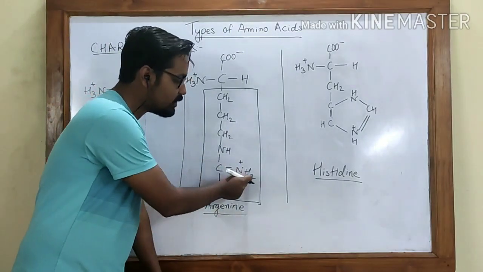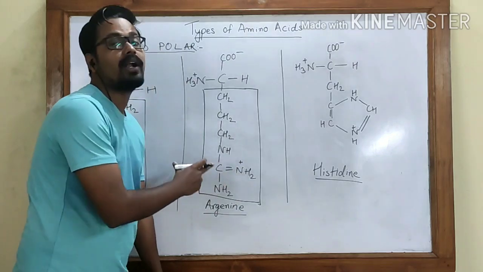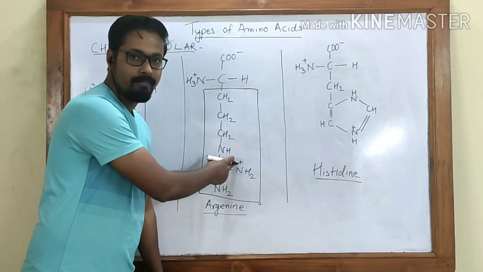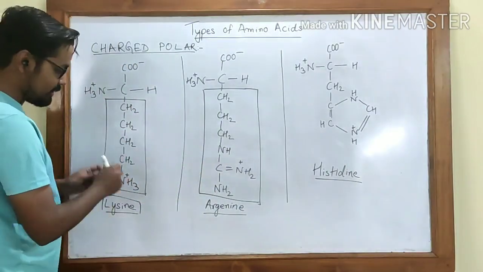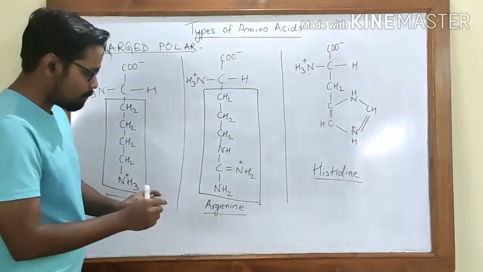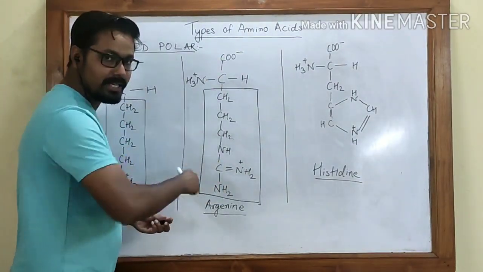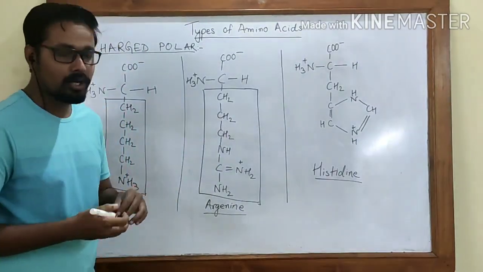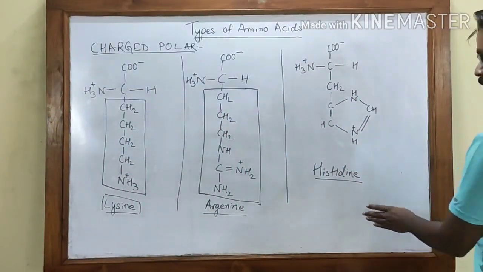So arginine contains a guanidium group which gives it the polarity. This positive side will give it the polarity. Okay, I hope that is clear. In lysine it is NH3 plus, which is the polar part, the amino group, and here we have a guanidium group that gives arginine the positive charge, making it a polar amino acid.